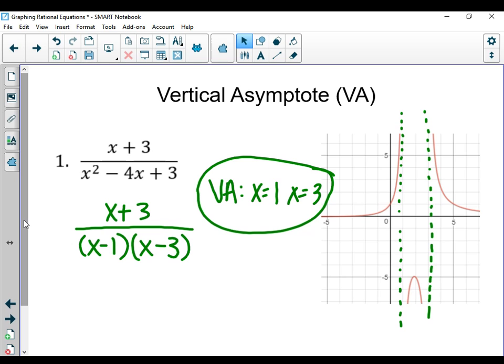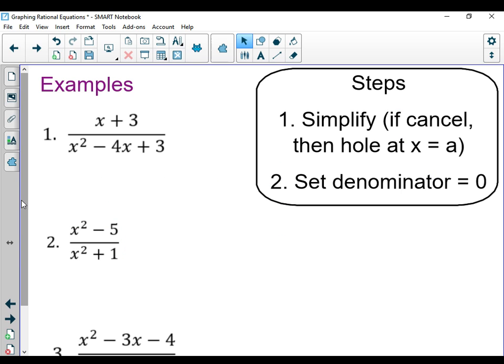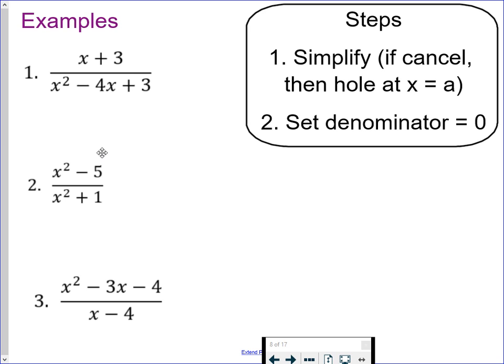On the next slide, this is the same as number 1, just repeated, but we're going to look at at least 3, possibly 4 different ways you could see this. Like I said, we've already done number 1. I'm going to write it over here so y'all can see it.